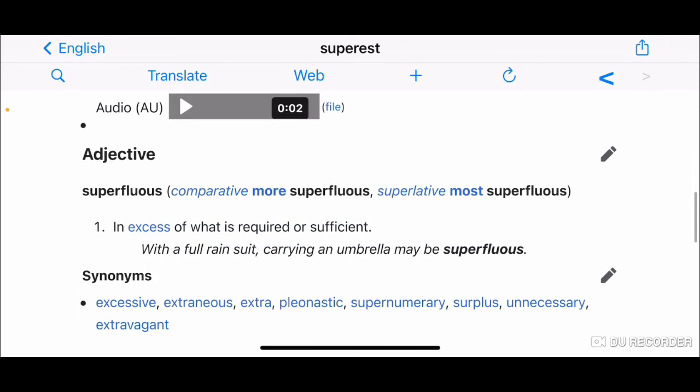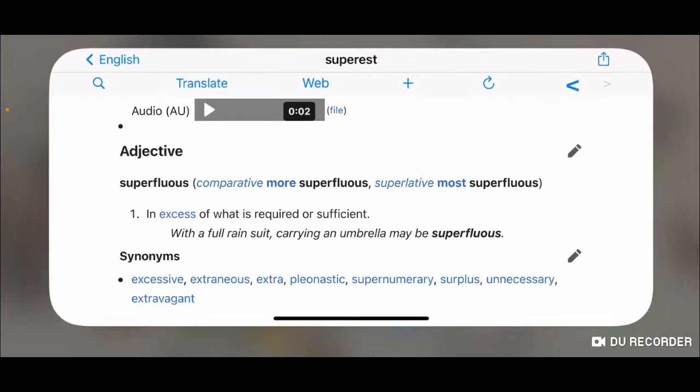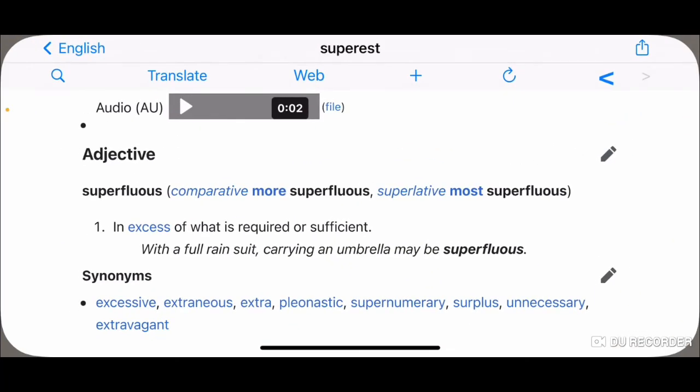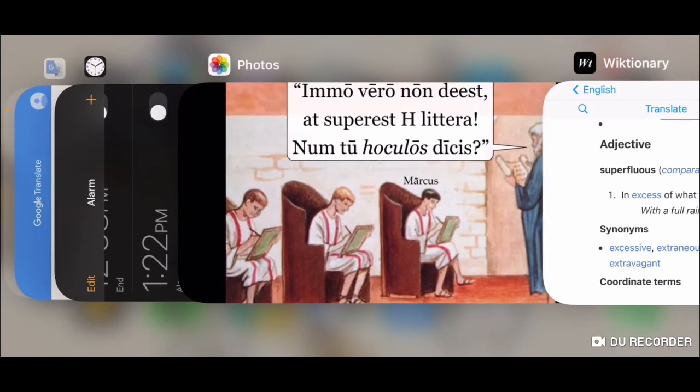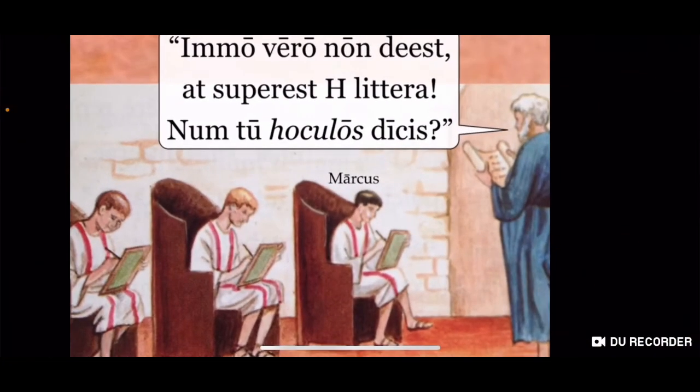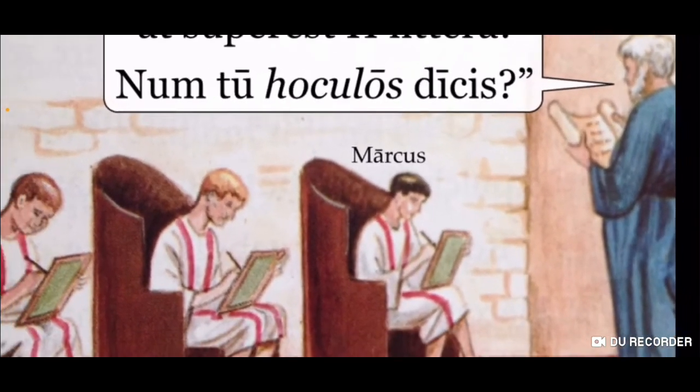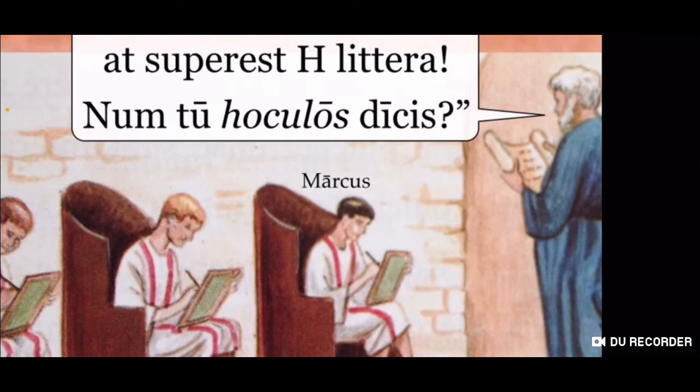An excess of what is required. Excessive, extra, all those words can be used. That's why I like to use the dictionary, because you can get other ways of saying the same things. You don't say hoculos, right?